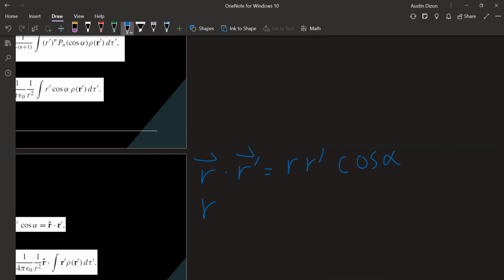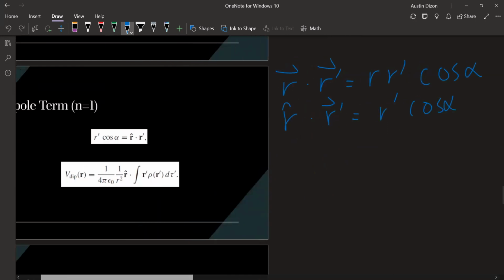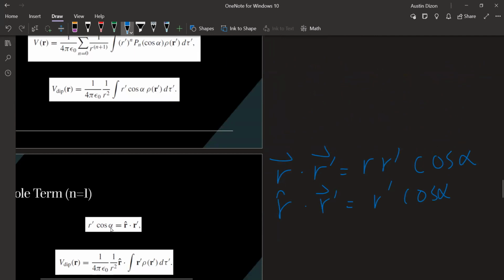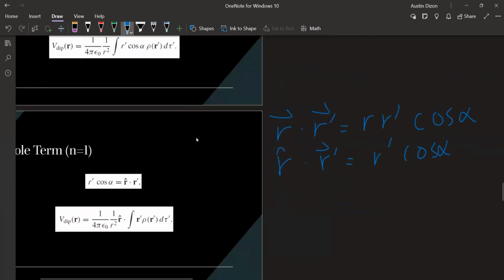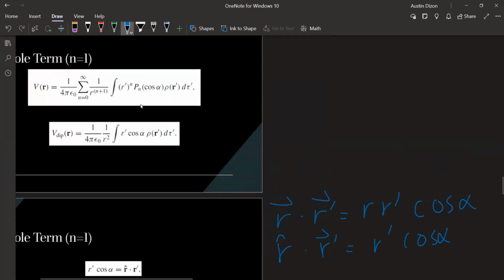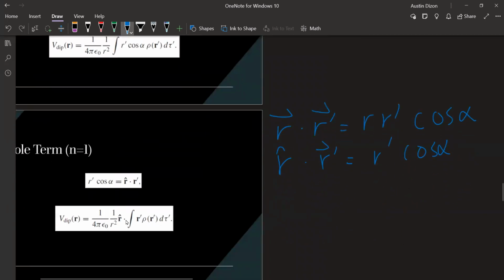So if we have r hat, just the direction, then I would have r prime cosine alpha. I think you already know that, but I'm just making things clear. So I could just plug that in here. Notice, just plug in. So r hat dot r prime, we plug in r prime cosine alpha, and we would have this. So r hat dotted with this guy.